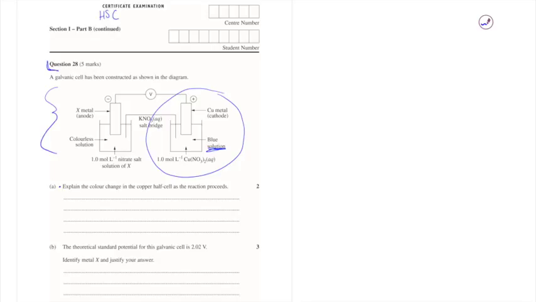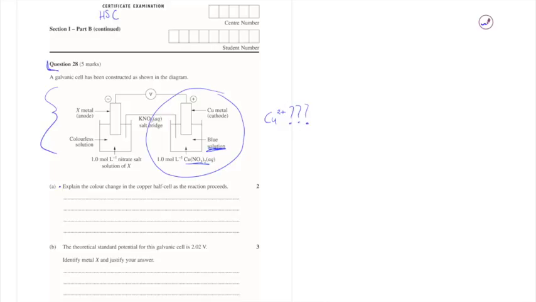We know that it's a blue solution, and the only thing that could be causing it to be blue is whatever is making up that solution. And the solution is this copper nitrate solution. You might know, you might not know, doesn't matter too much, but the copper is the actual element that's making it blue, specifically the copper 2+. So basically we need to work out what happens to this copper 2+ as the reaction proceeds.